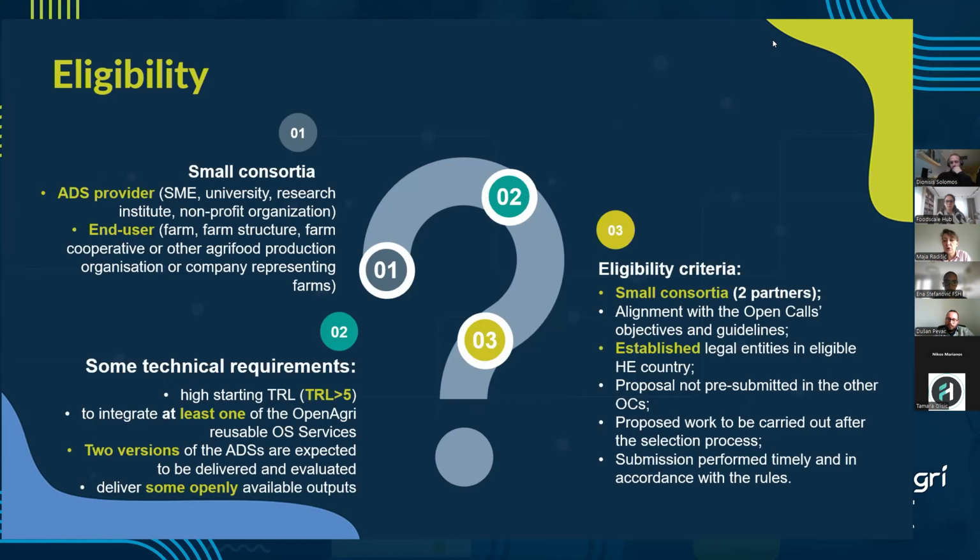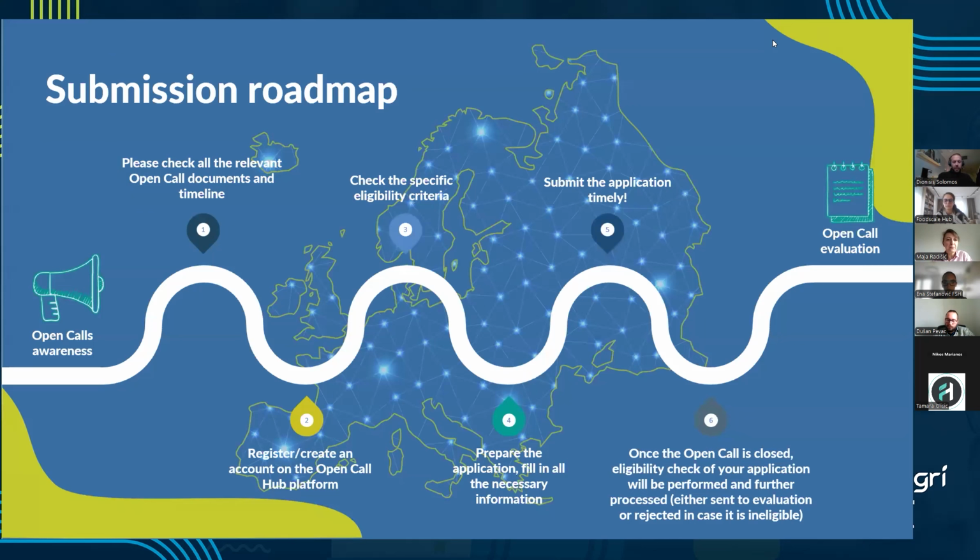The proposed work has to be carried out after the selection process, and submission has to be performed timely and in accordance with the rules, and the only submission entry point is Open Call Hub. So none of the other ways would be considered as eligible.